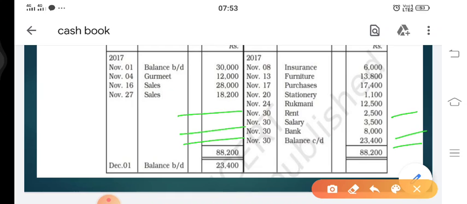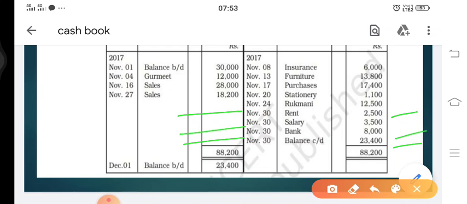But always remember, in case of cash, debit balance will always be greater because unless and until you have cash in hand, you cannot spend it. So in case of cash book, debit balance should always be greater. If it is not greater, either you have made a mistake or the question is wrong.